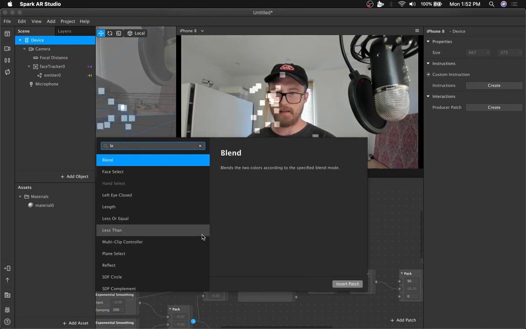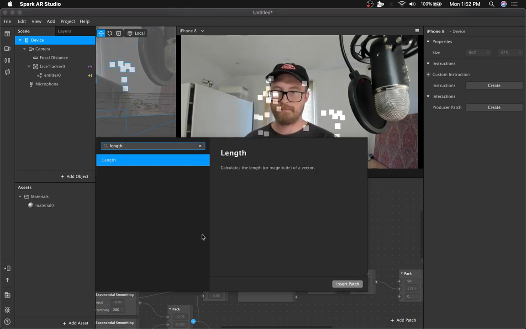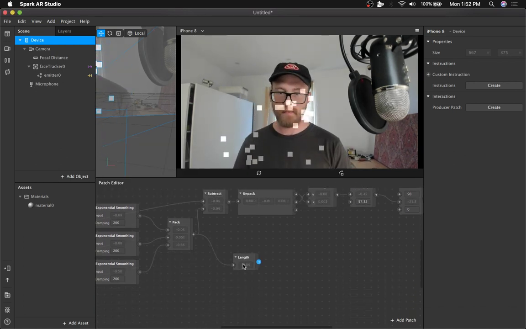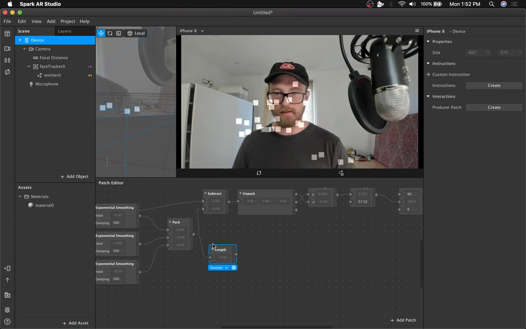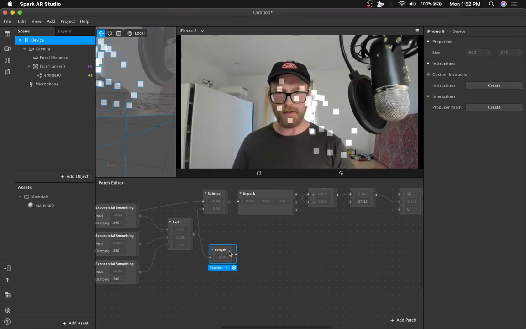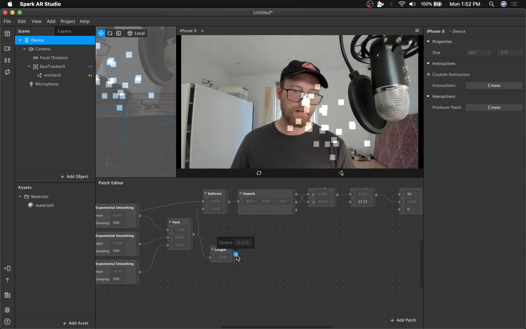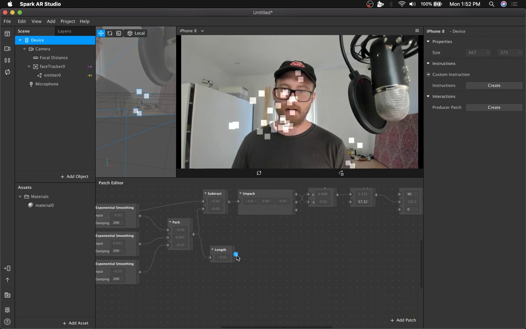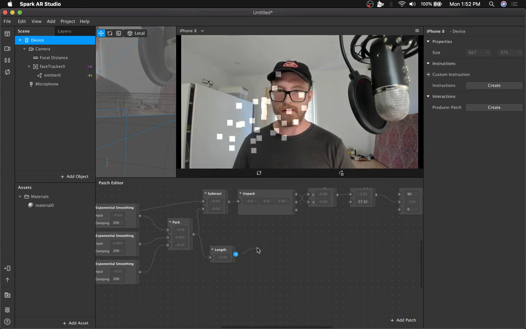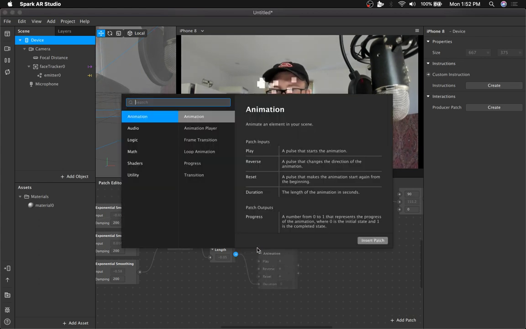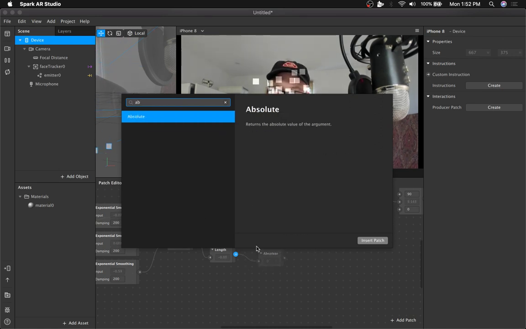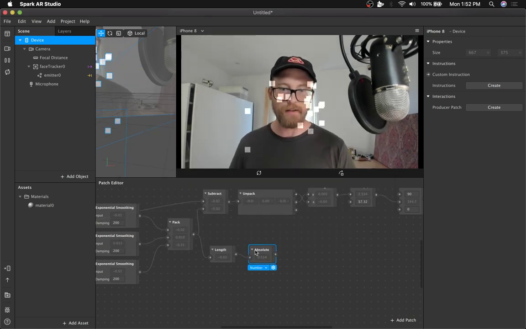So we need length. And then this, I think this is just a subtraction from 0 or something. I don't know. But we don't care what direction it's going. We just need to know how strongly it's moving. So we're going to use absolute because we don't want negative birth rate.